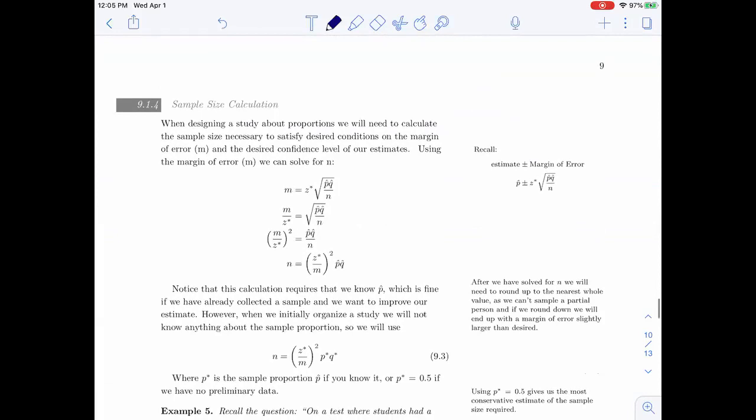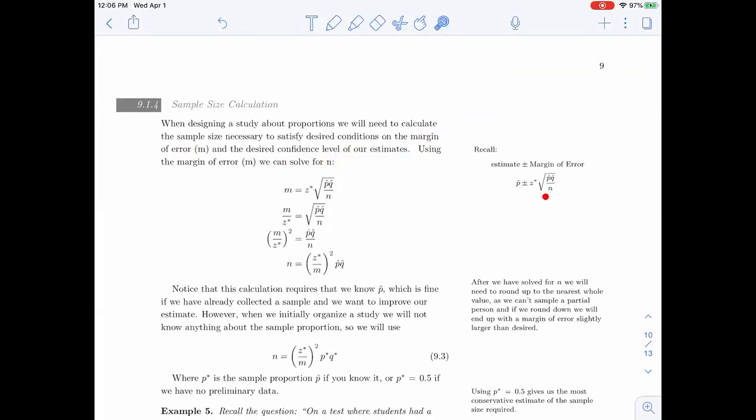Okay, so just like we did in the Z situation with the means question with sigma known, we can do a sample size calculation. So we have to have some desired margin of error M, and we need to know the desired confidence level of our estimates. And so we can solve for N using our margin of error.